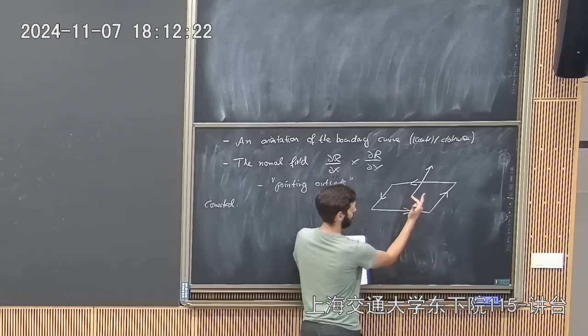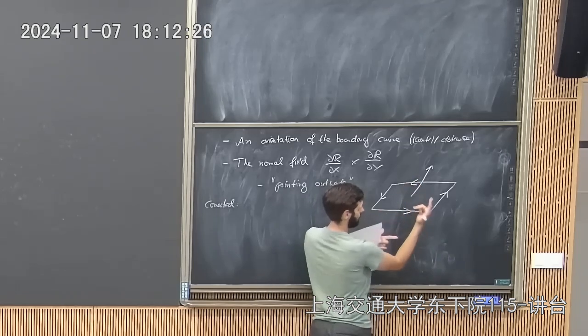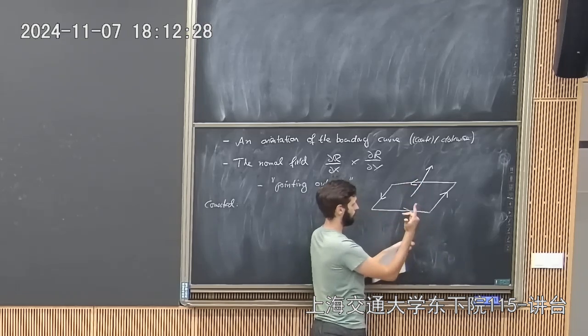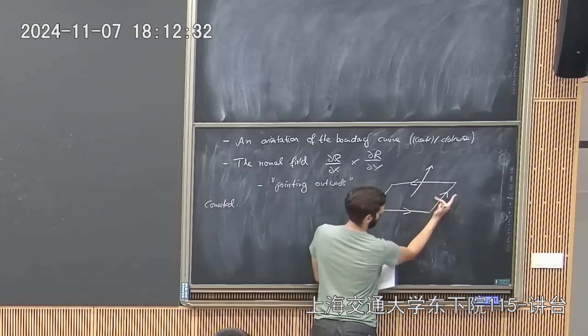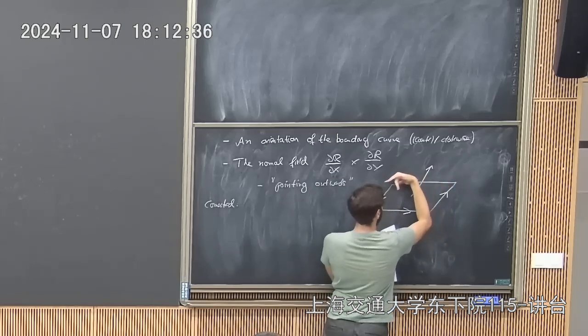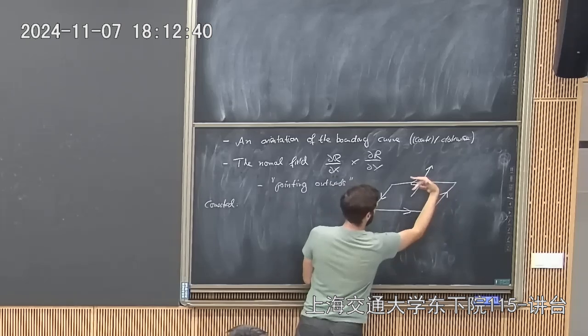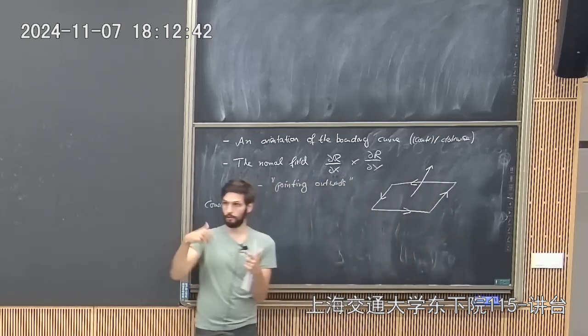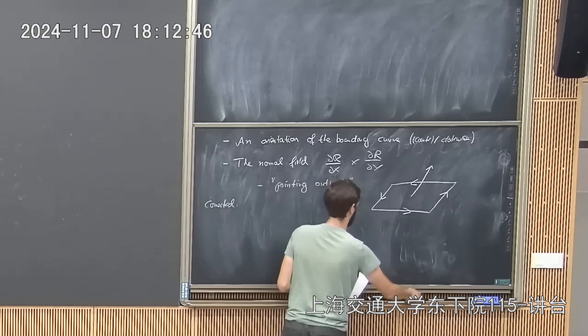So in this case, it's true. The index finger is pointing out of the plane of the blackboard, and the middle finger is pointing towards the interior of the rectangle. On all of the sides, it's always the middle finger pointing into the interior of the rectangle.